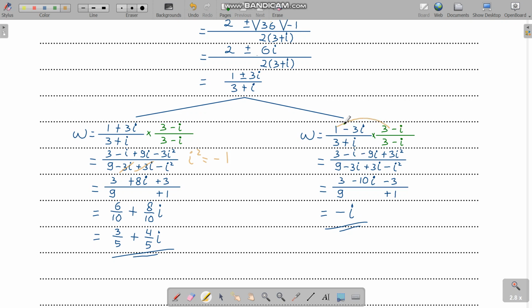So 3 − i − 9i + 3i². I² is −1, so this is just −3. This is minus −1, so it's +1. Again, cancel out 3i and −3i, so we have 3 − 3 is 0. We have only −10i divided by 10, so it's just −i.